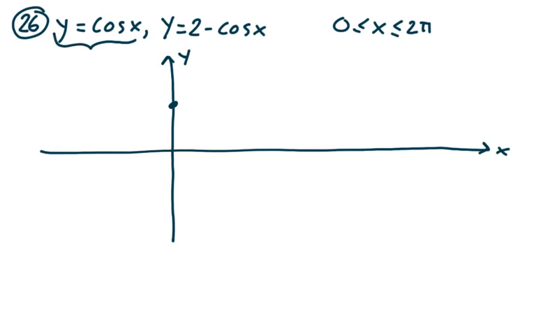When x is pi over 2, y equals 0. When x is pi, you're at -1. At 3 pi over 2, you're back up to 0. And at 2 pi, you're at 1. And so it's doing something like this.